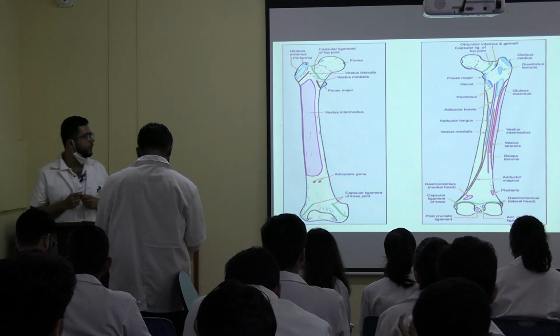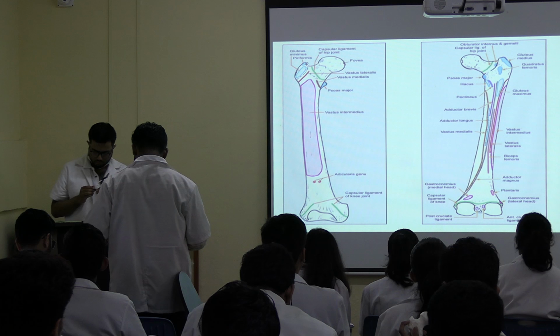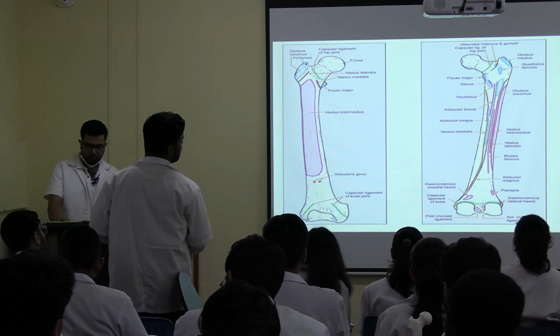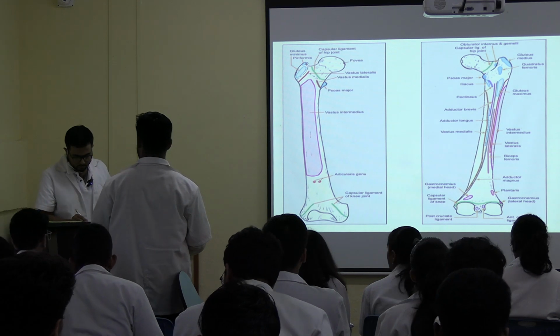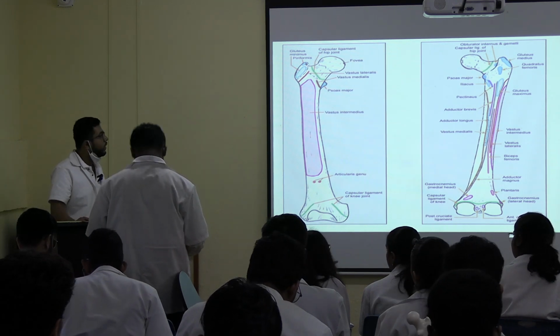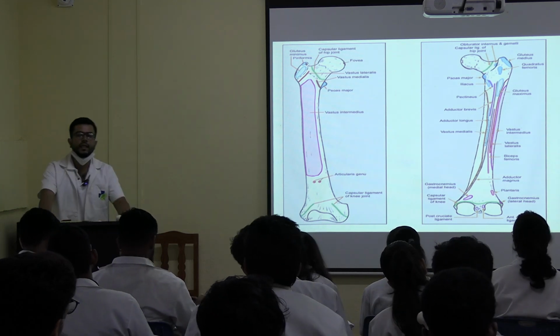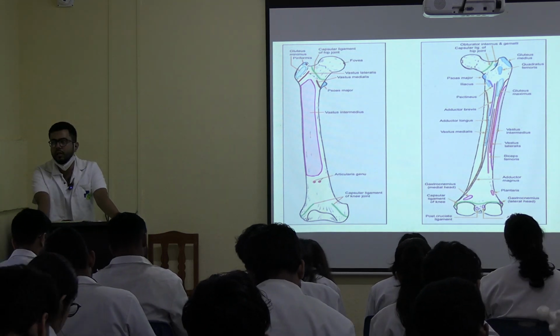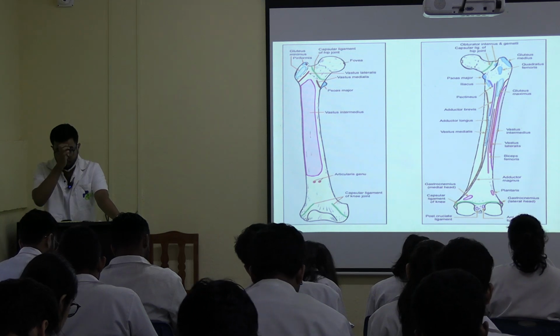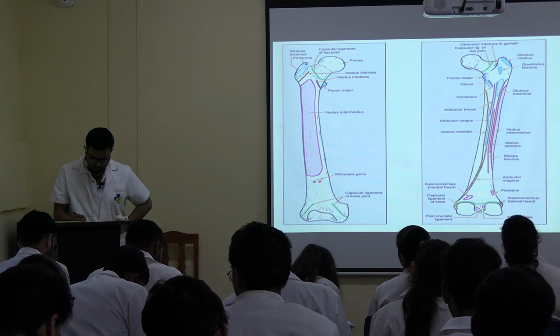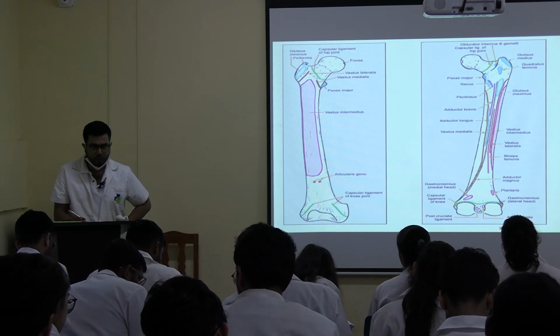What do you think this surface is? This is a 2D image, huh? So posterior surface. Lateral. Sit down. The gluteus medius is attached on the lateral surface of greater trochanter.